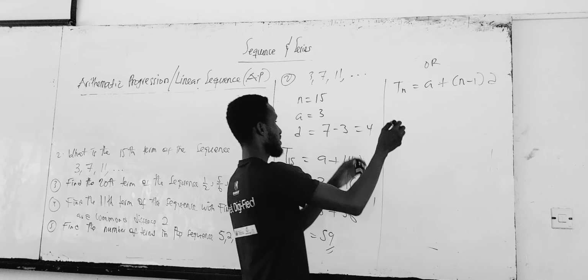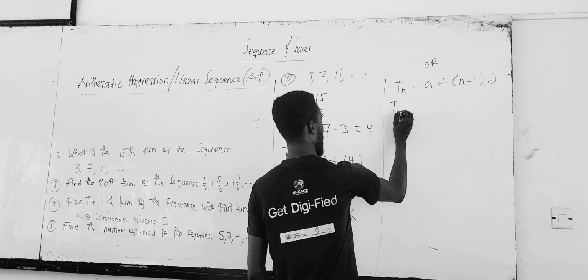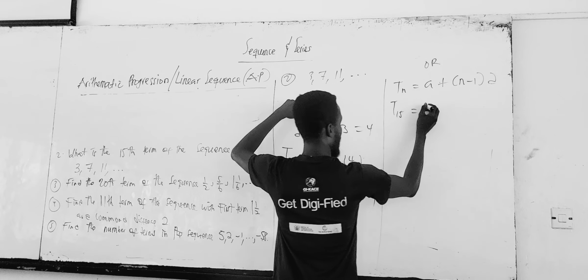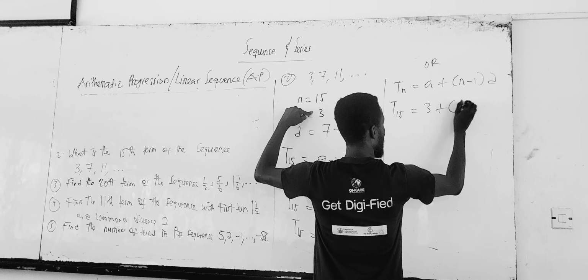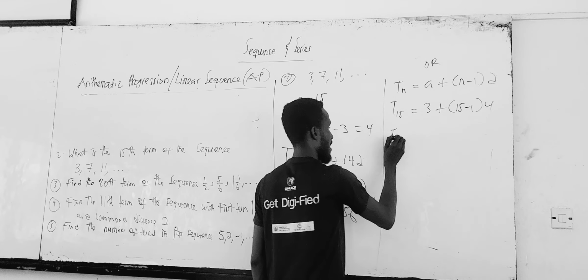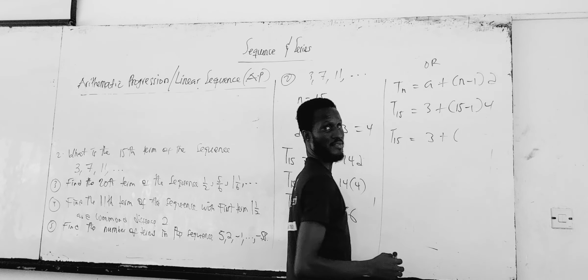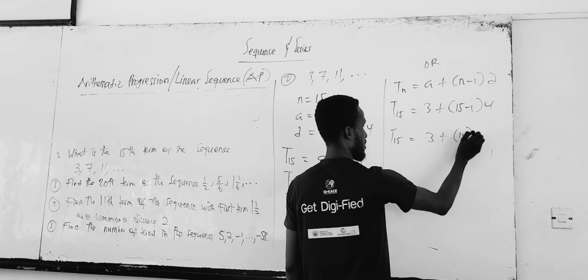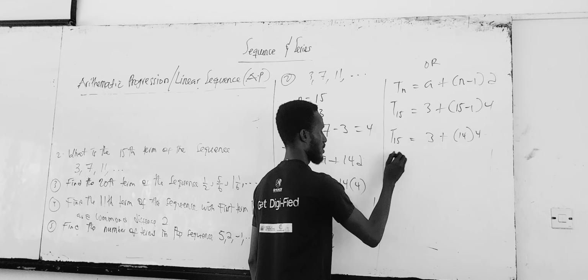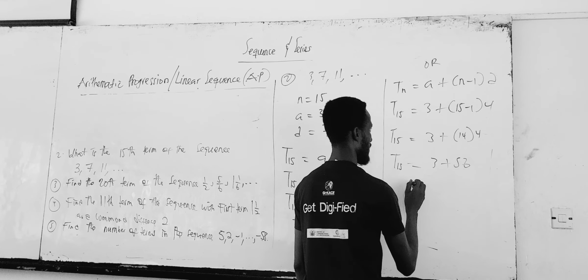If I want to use this one, I will just write T, n is 15, a is 3, n is 15 minus 1, d is 4. So everything will be 3 plus 14 multiplied by 4. This gives 56, so everything will give us 59.